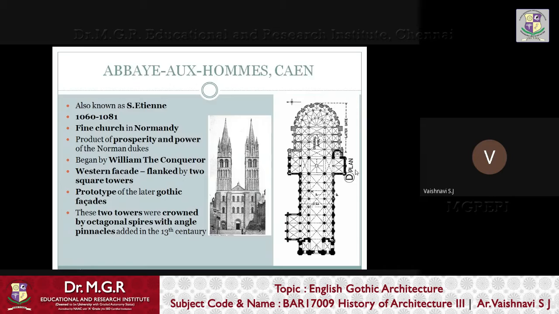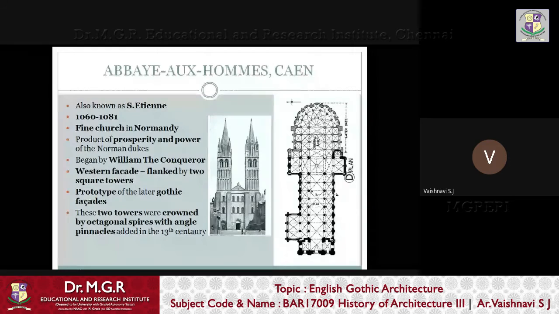And in the plan also you can find that they have added a few portions after the period of construction. You can see the width of the cathedral is 73 feet here, and at a later date they have added a few elements after the transepts here.